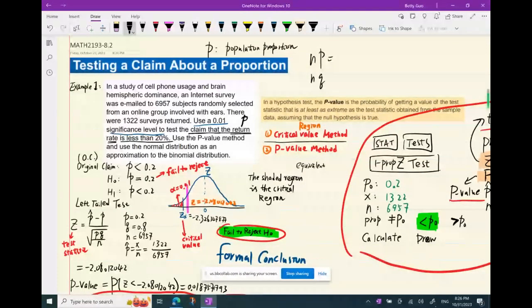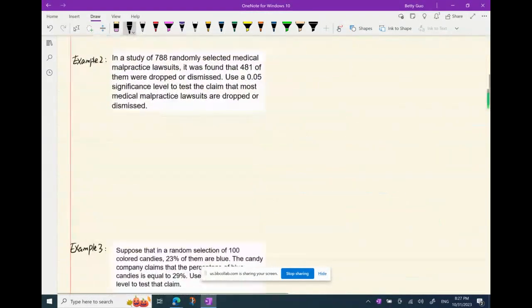But n is so big, 6,957. When n is very large, no matter what p or q is, np and nq are at least 5 for sure. You can just take a glance and know the normal approximation requirement is satisfied. And this is a binomial, because you have success if the subject returns a survey, failure if not, and they are independent. Technically we should check all those things before we start a procedure, and we're going to do that here.